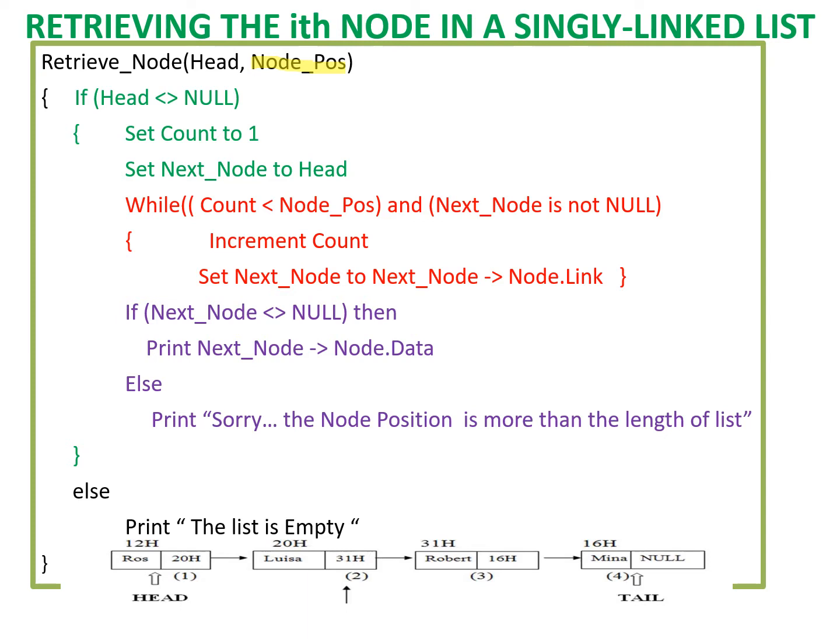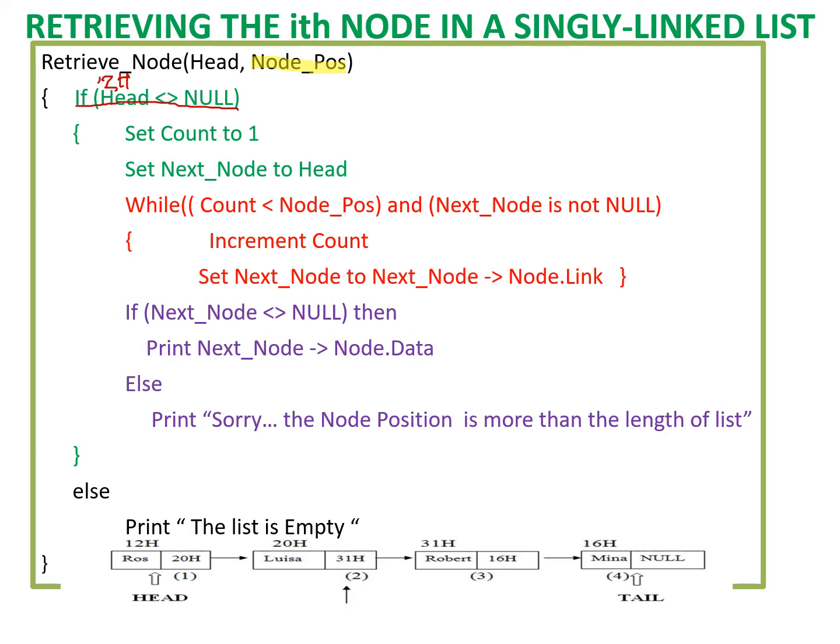In our given example, here is our linked list at the lower part. The address of the head is 12H. We have to test first, we have to trap if our head is not equal to null.